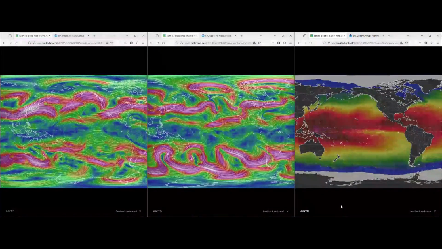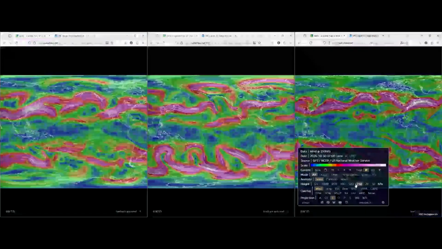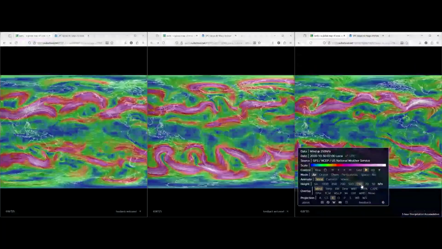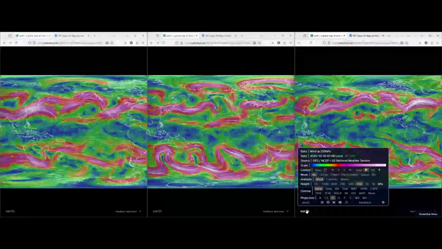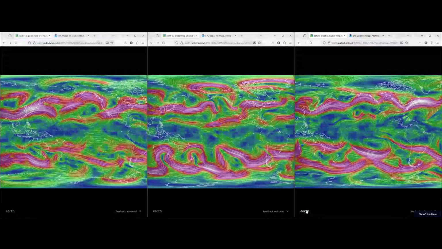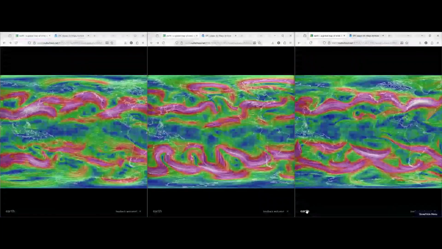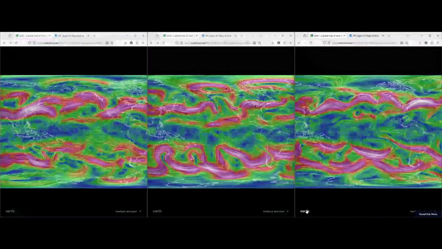So I'm going to move this to air, and then select 250 hectopascals, and that's going to be our proxy for the jet stream, to showcase how the jet stream changes during these different events and how that relates to changing weather patterns that we find here in North America and Indiana.